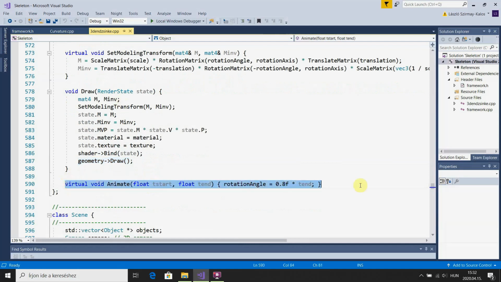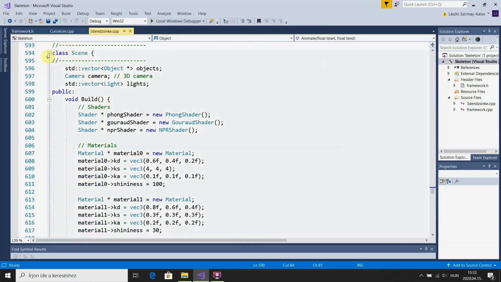A general object also has an animate function which doesn't modify the transformation parameters with a single exception. It makes the rotation angle proportional to the time, so we can expect a rotating object with a constant rotation speed.